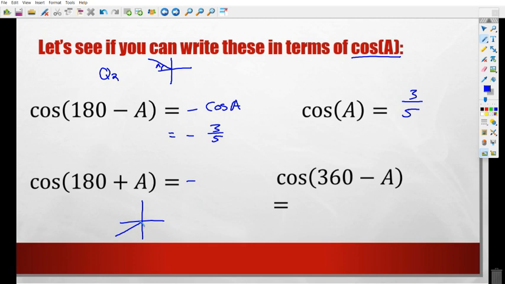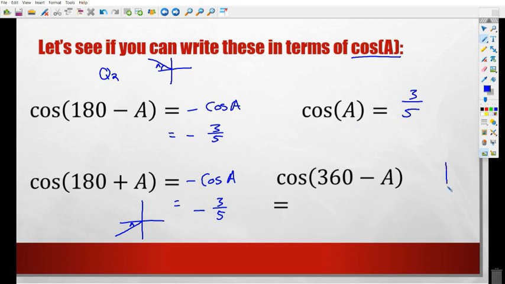We said we plussed A, so from the 180 degrees, this line over here, I plussed A degrees. So what is the angle between my hypotenuse and my 180? A degrees. So instead of saying cos of 180 plus A, I can say cos of A. Very good. And we know that cos of A is 3 over 5, but it's negative because of that negative over there.